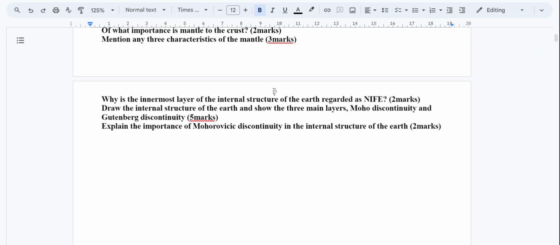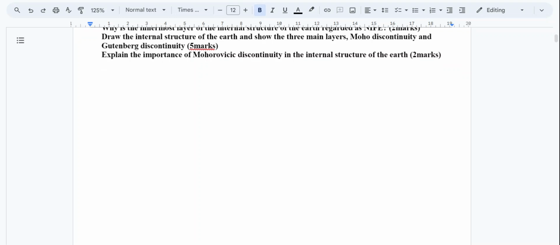Number three, why is the innermost layer of the internal structure of the Earth regarded as NiFe? Number four, draw the internal structure of the Earth and show the three main layers. Moho discontinuity and Gutenberg discontinuity should also be there. Number five, explain the importance of the Mohorovičić discontinuity in the internal structure of the Earth.